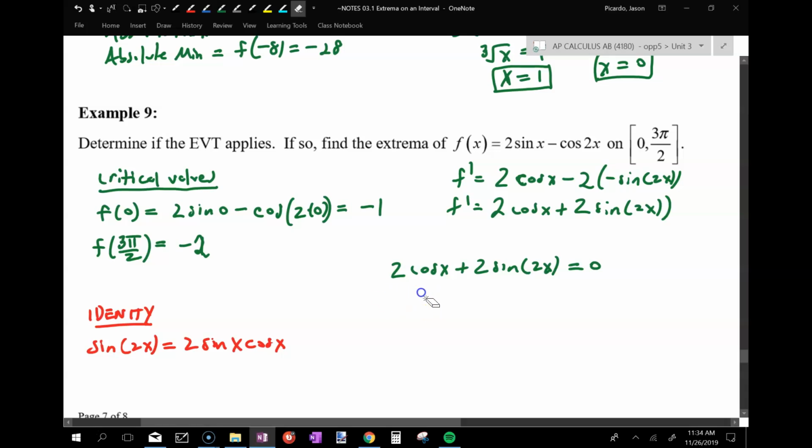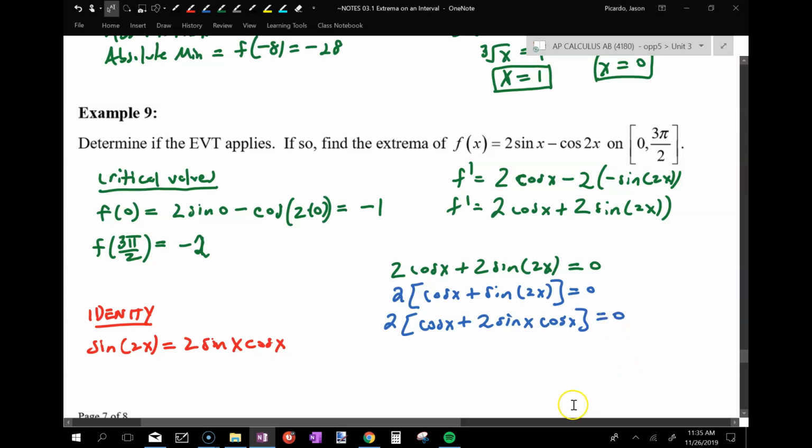Well, the only way to set this equal to 0, I would look for a GCF, right? So I would do this. And now I would set this equal to 0. It wouldn't get me anything. I would try to set this equal to 0, and yeah, I'd be back at the same spot. So this is why I would have to have the identity that sine of 2x is equal to 2 sine of x cosine of x.